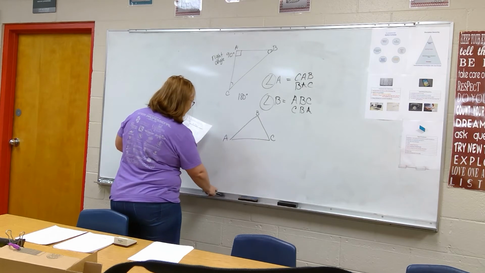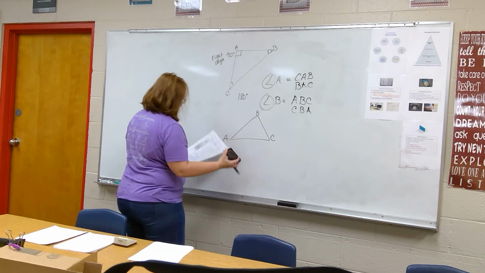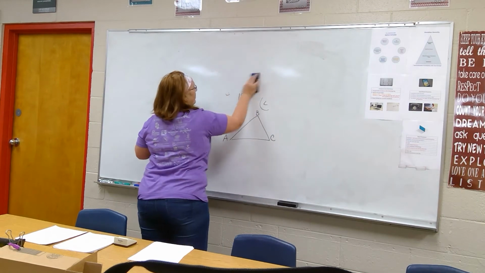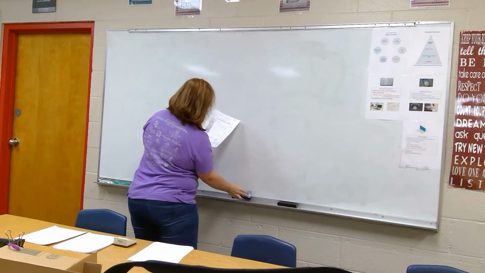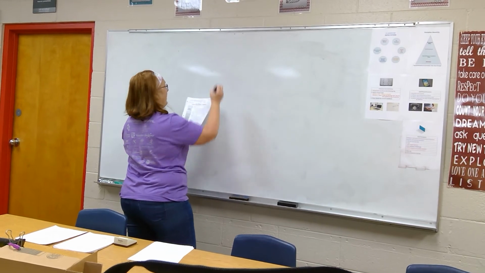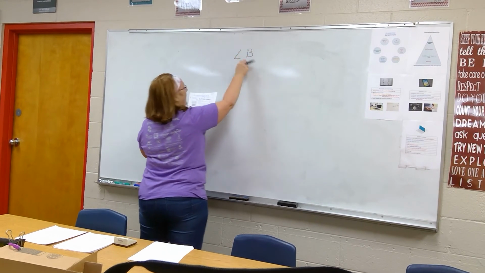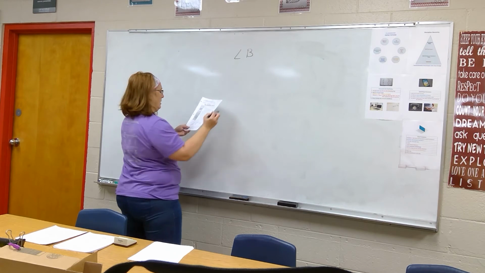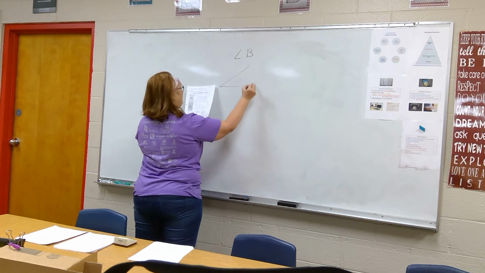So here we go. Start down at the bottom. I think you guys are going to catch on to this pretty quick because it's very repetitive. It says find the measure of angle B. So we're trying to figure out what is angle B's degrees? So you have a triangle that looks something like this.